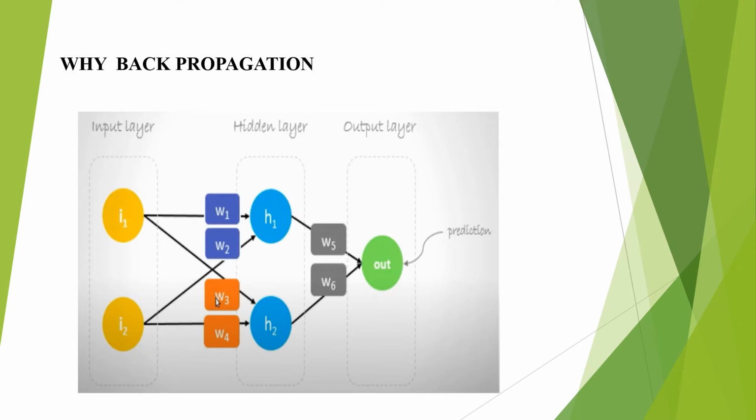Since we cannot guess the correct value based on the random value that we give to these weights, our output is decided, and since we give the random values, the error might be more. So in order to decrease this particular error, we backpropagate and give new values to these weights so that the error is decreased in further iterations. So this is the basic need for backpropagation algorithm.